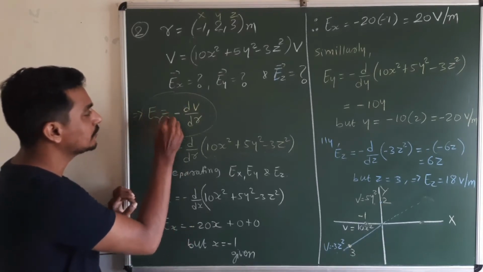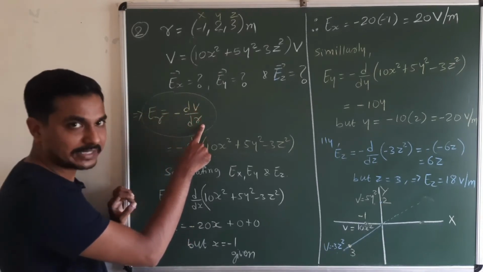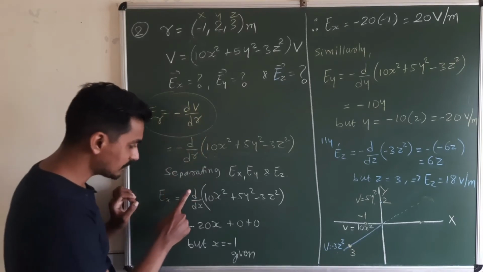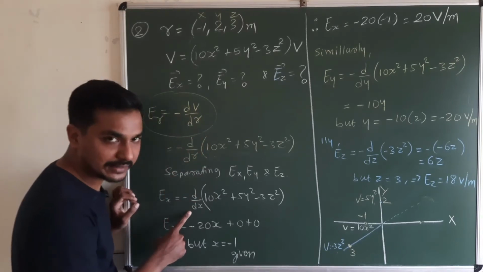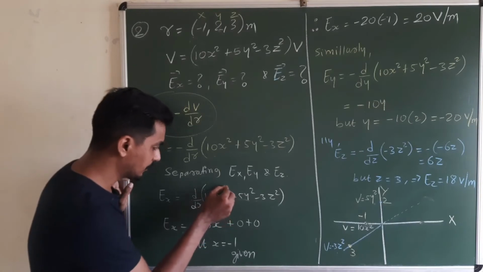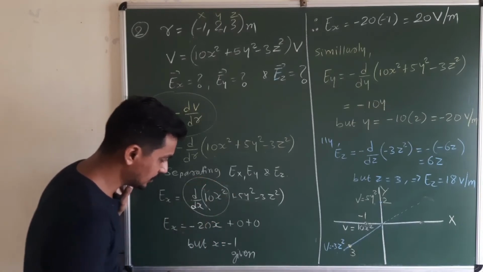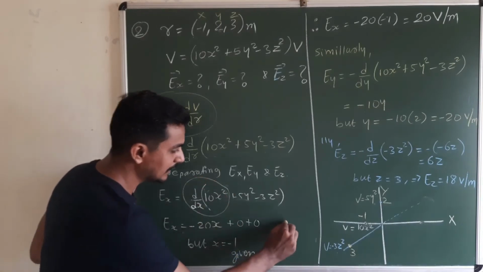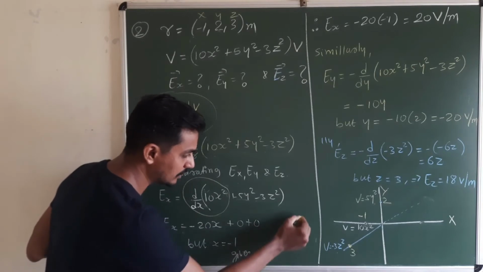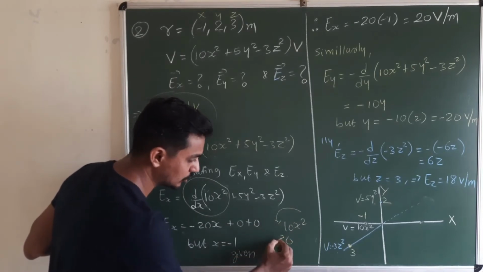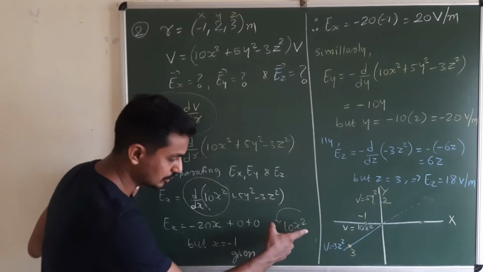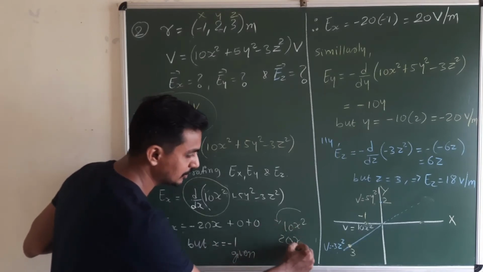For Er, we write -dV by dr. So for Ex, we can write -d by dx. Now on differentiating this term with respect to x, we get, see here, it is 10x square. So on differentiation, we will get 2 into 10, right? 2 into 10 into x.